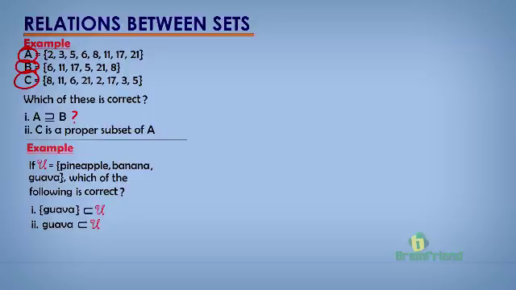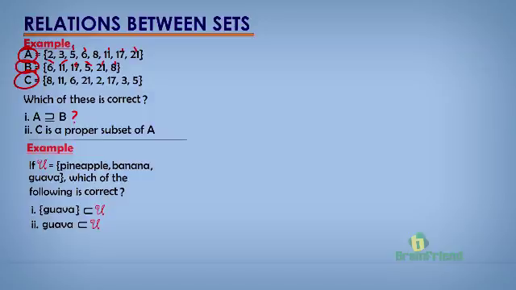If we compare the elements of our sets A and B, we'll note that 6, which is an element of B, is also present in our set A. 11 is also present in both sets. 17 is present in both sets. 5 is present in both sets. 21 is present in both sets.